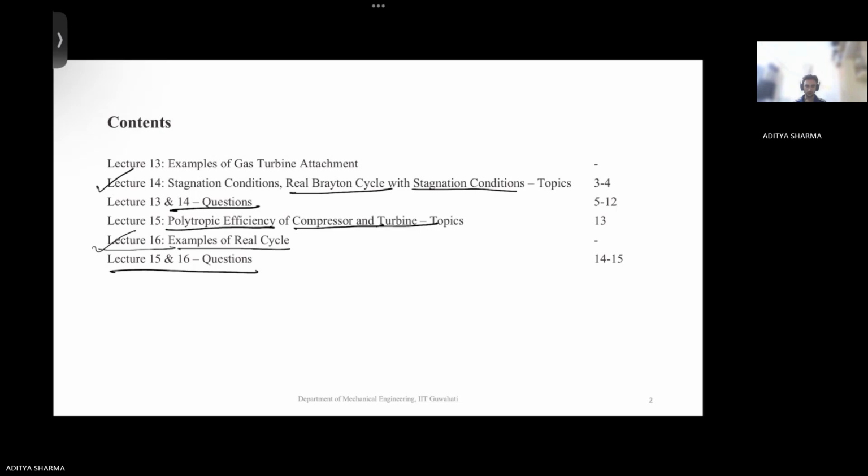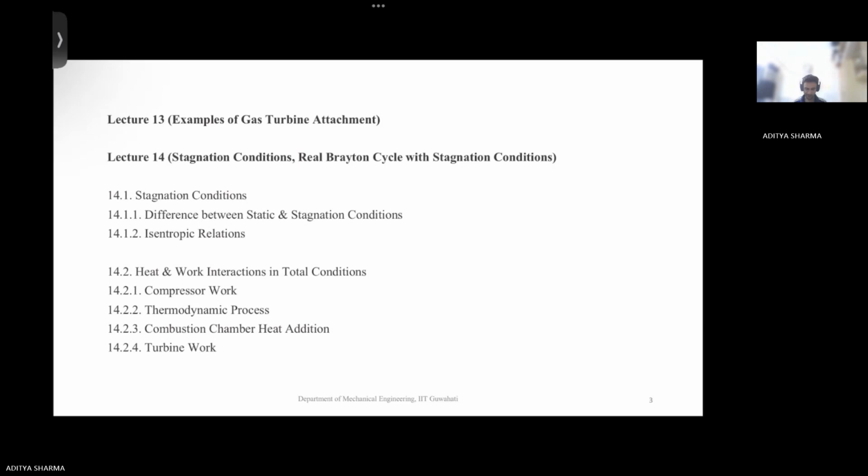Questions on lecture number 16 will come, I believe, later. Okay, let's see what we have first. So lecture 13 is numericals. Lecture 14 is stagnation conditions in Brayton cycle with stagnation conditions.